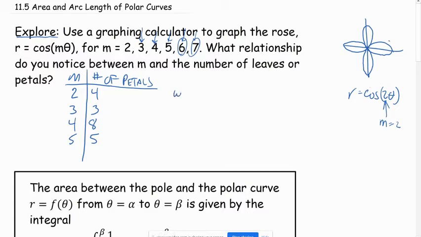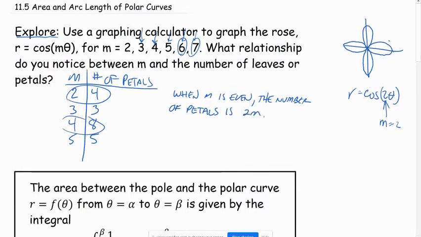And so what you'll notice if you keep going and do also 6 and 7, you'll recognize that when m is even, like 2 and 4, the number of petals is twice m. So if m is even, the number of petals is 2m.